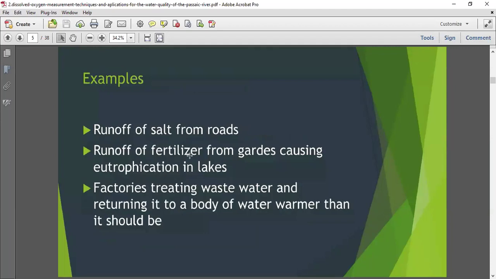Runoff coefficient, that's a very important parameter. The runoff calculation that you studied in irrigation technology, and the unit hydrograph, and that thing, that is runoff fertilizer from gardens in lakes.